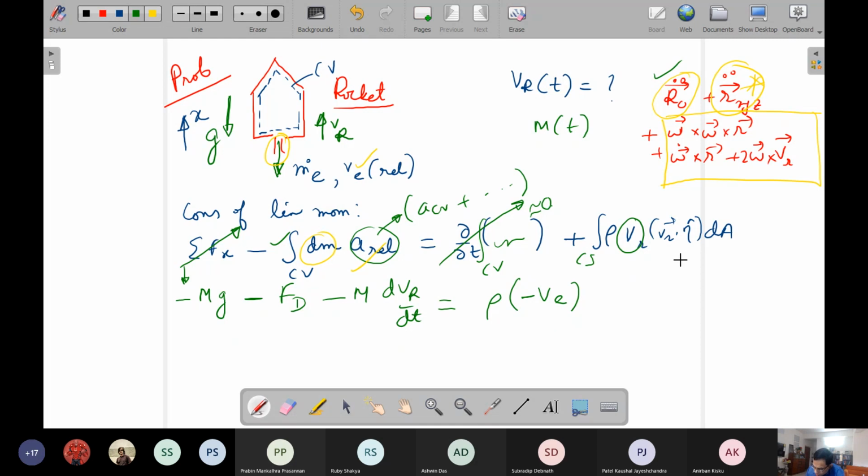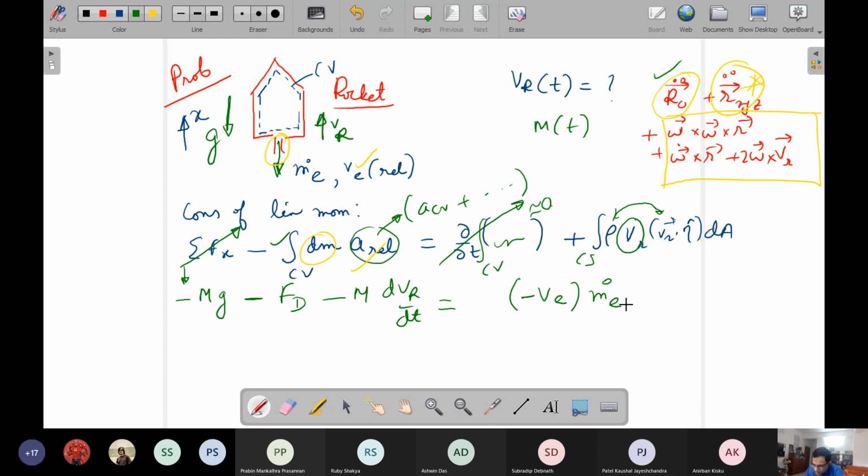And the remaining thing, that is integral of rho VR dot this thing, this is basically the mass flux. So you can easily say, let us take that rho thing and we club this all with a single parameter, the mass flow rate, m dot E. Remember, this is positive because it is outflow.